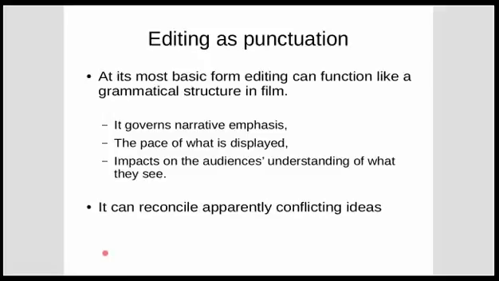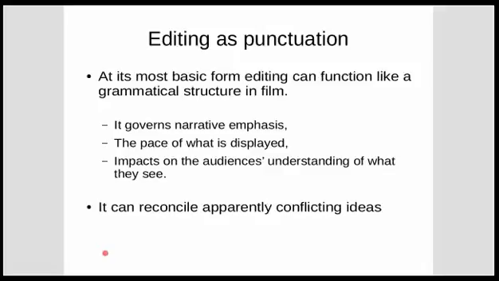At its most basic form, editing is punctuation. And it's part of the grammatical structure of film. There is a grammar to the shot, but the way shots fit together is part of the grammar of film as well. So at its most basic, you could say a straight cut is like a comma.